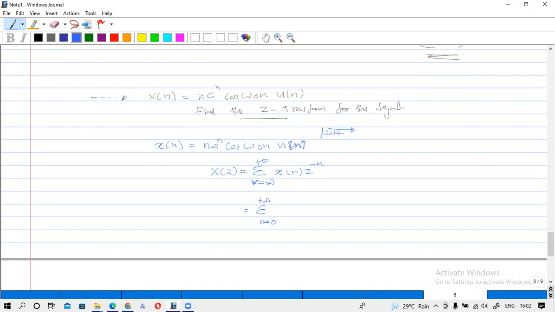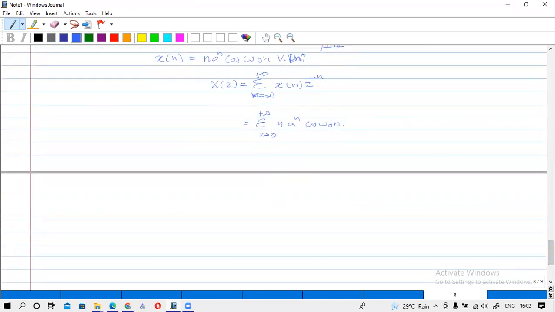Now x[n] is this n a^n cos(omega naught n), and it will be z^(-n). If we try to expand this, when n is equal to 0, this one is 0, this one is 0, this one is 0.